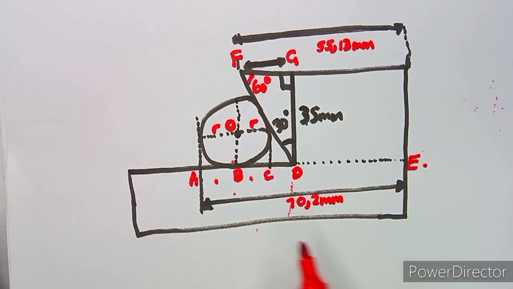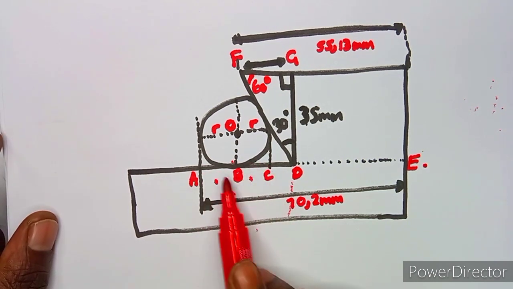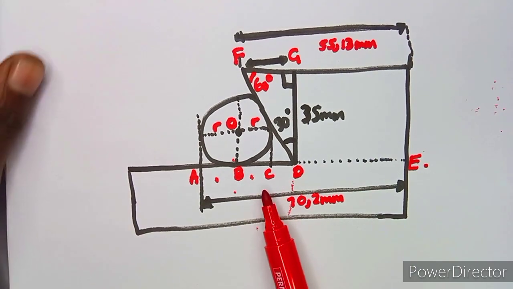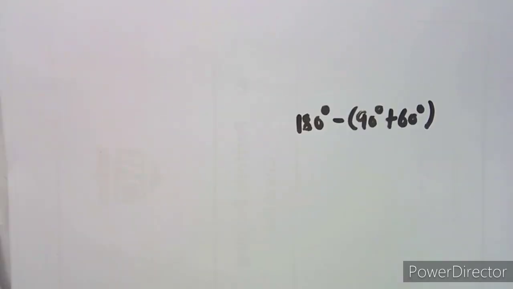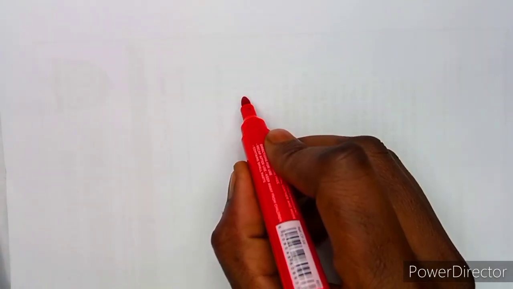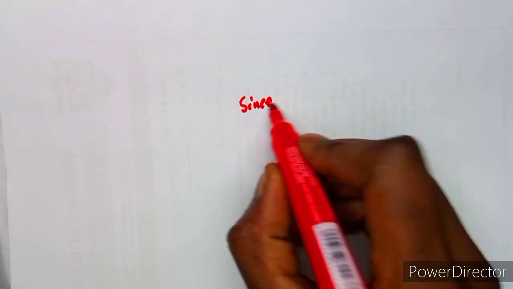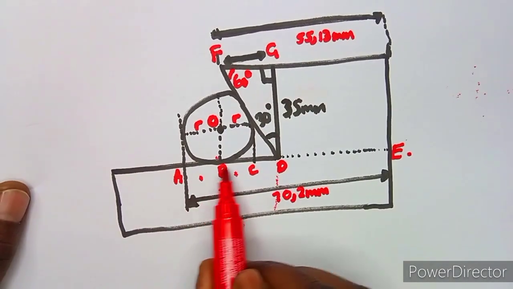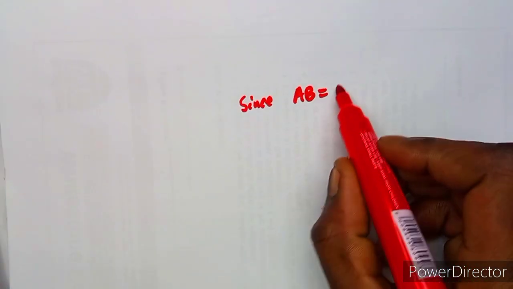So what am I going to do so that I can just remain with radius? Let us formulate an equation here, because we said that, let's just write it down here, since AB is equal to BC, is also equal to the radius.